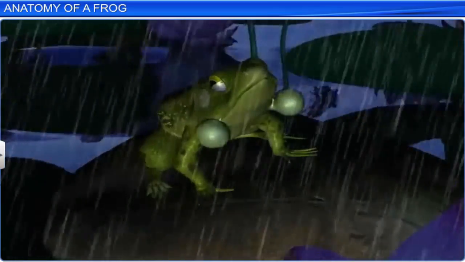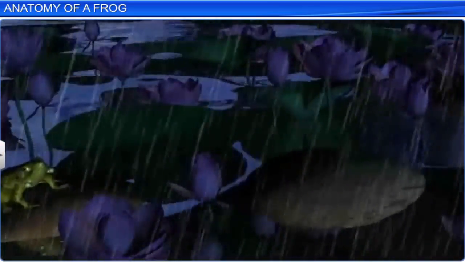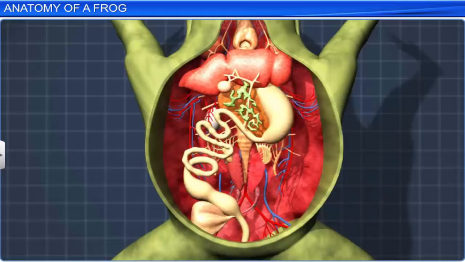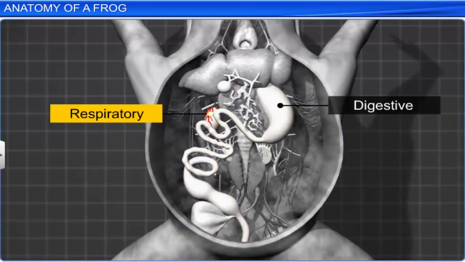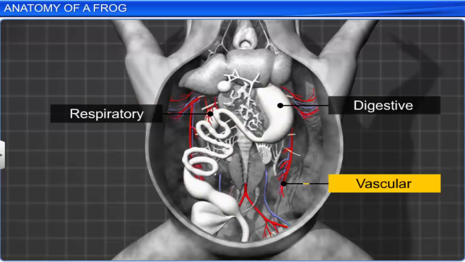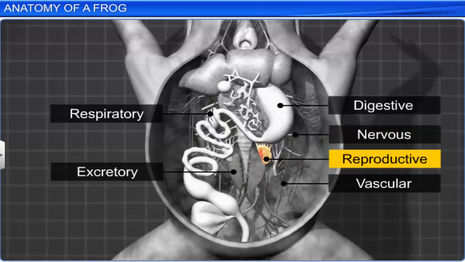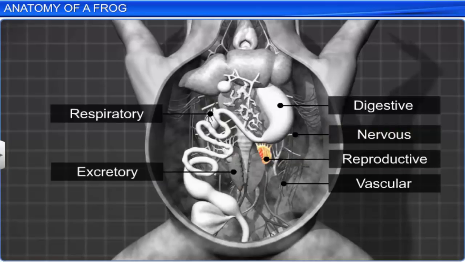Frogs have well-developed organ systems. Their digestive, respiratory, vascular, excretory, nervous, and reproductive systems are held in a body cavity.